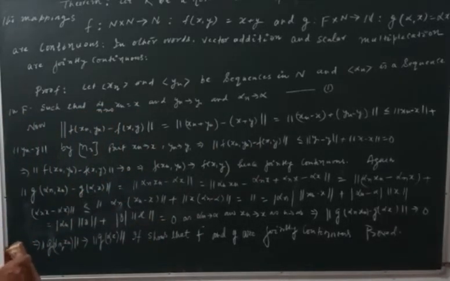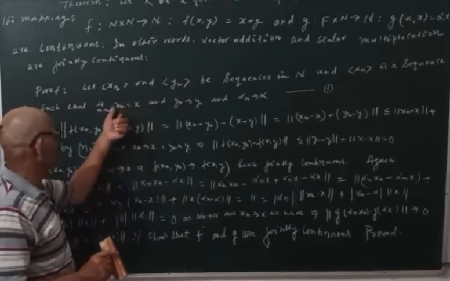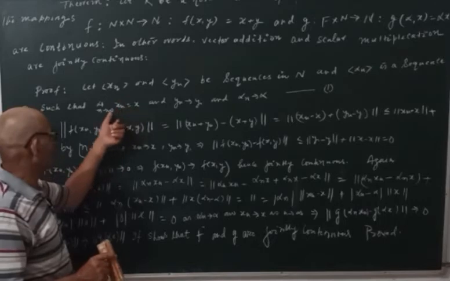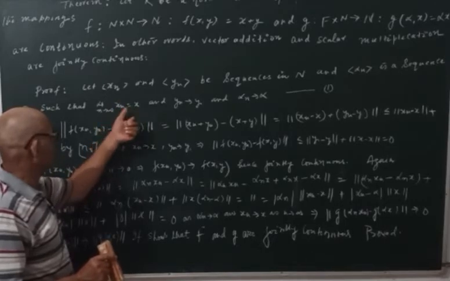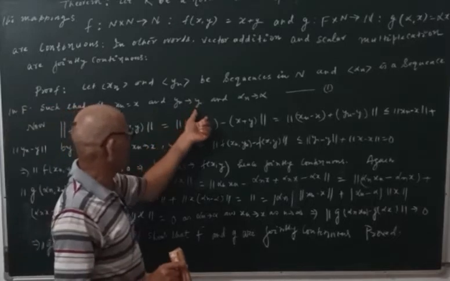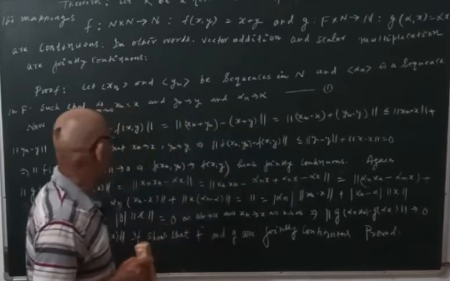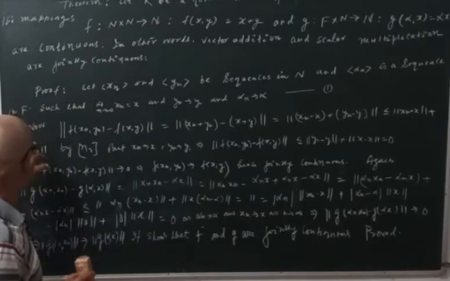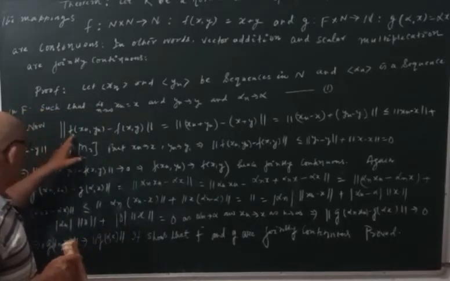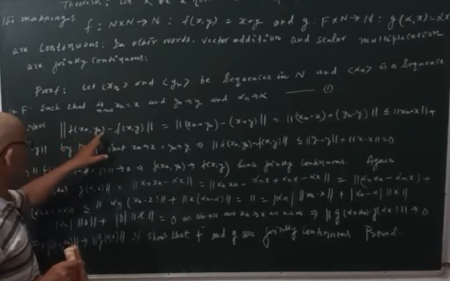In continuity, we take a sequence of sets and take the limit. If it converges to x, another also converges to a point y, which is the member of the set, and alpha n converges to alpha. Now, for jointly continuous, we take the norm of f(xn, yn) minus f(x,y).